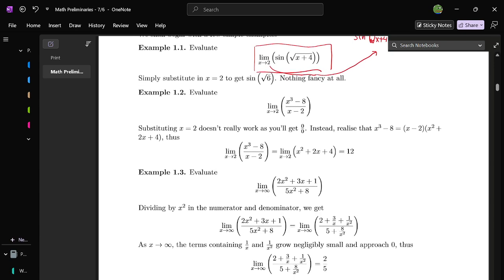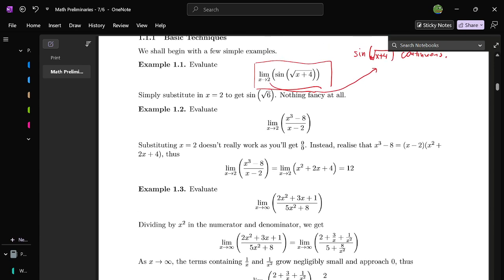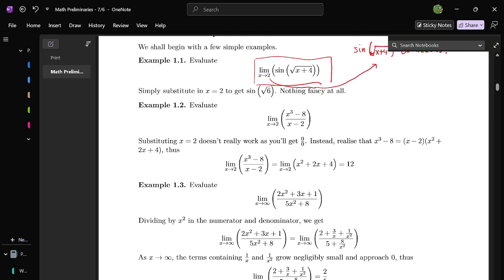The next two examples are a bit more tricky because you cannot just substitute in 2 in this case. If you substitute in 2, you get 2 cubed minus 8, which is 0, and 2 minus 2, which is 0. So that's just 0 over 0. But what does that mean? It's indeterminate, so you don't really get any insights here.